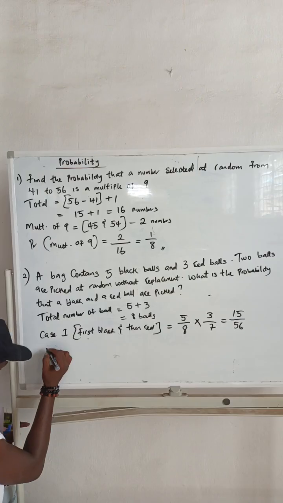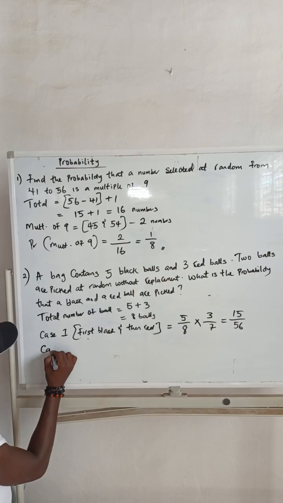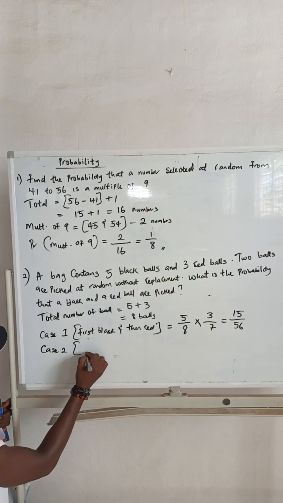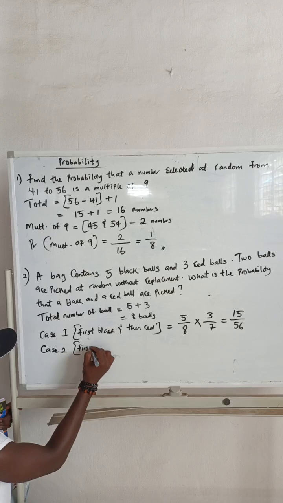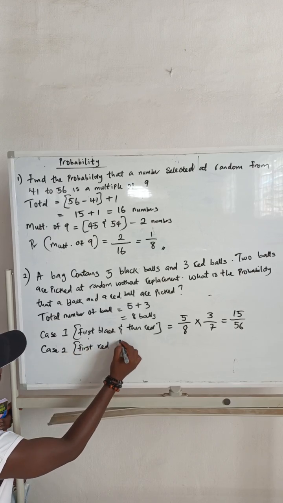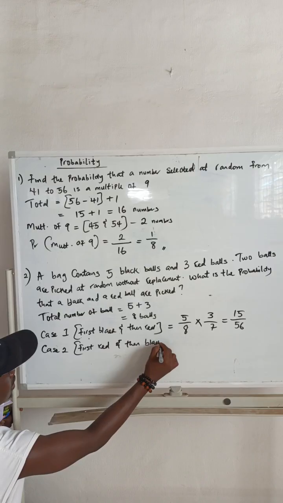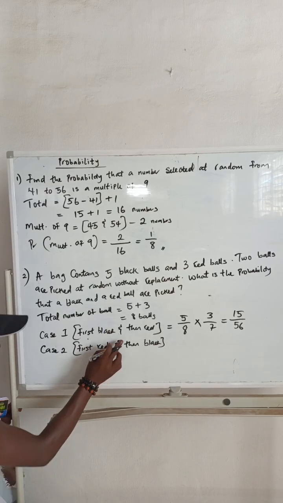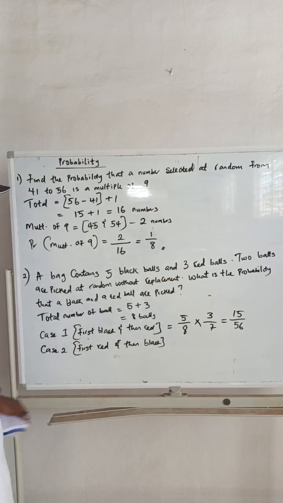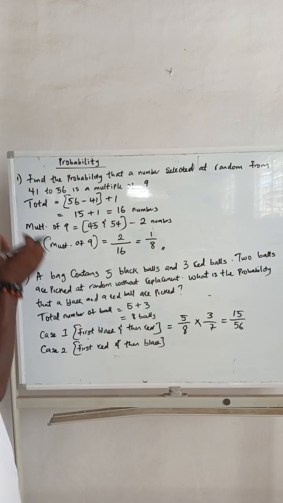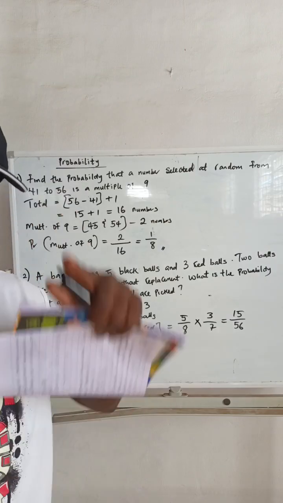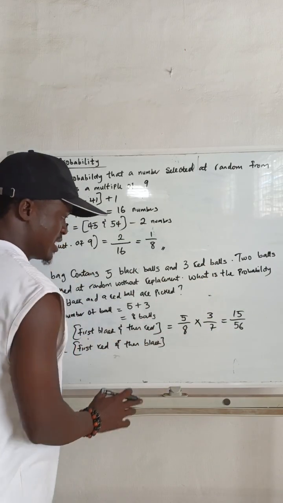Now let's look at case 2. First red and then black. Don't forget that this mathematical symbol means "and". Now, the first red, don't forget that red has been picked first, so the red is still intact.